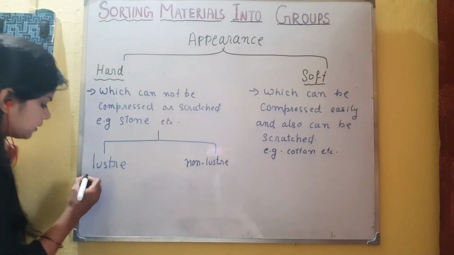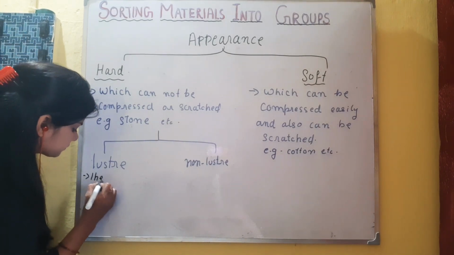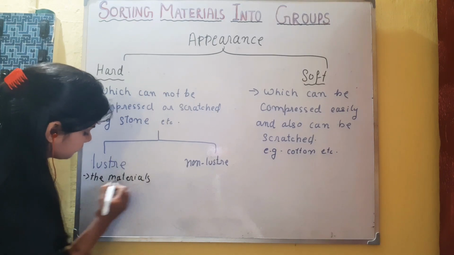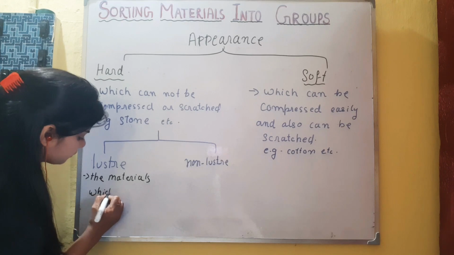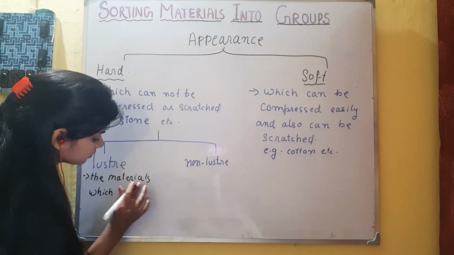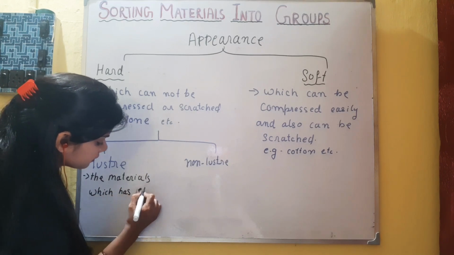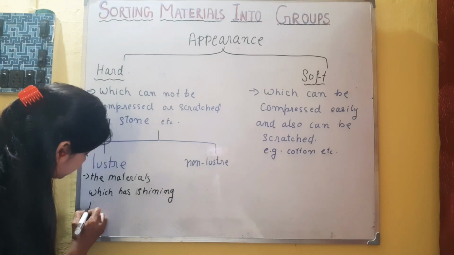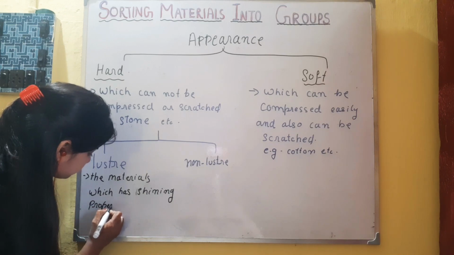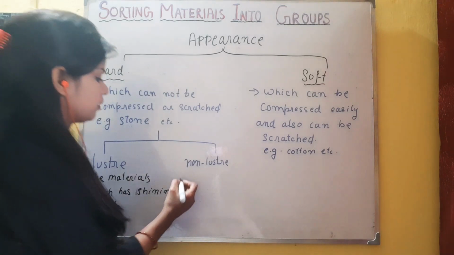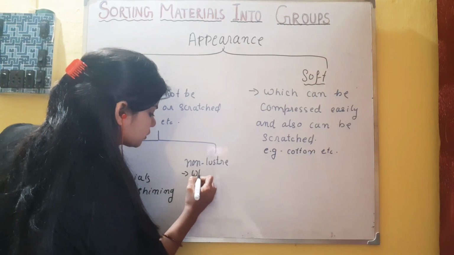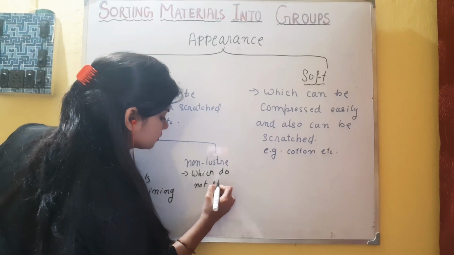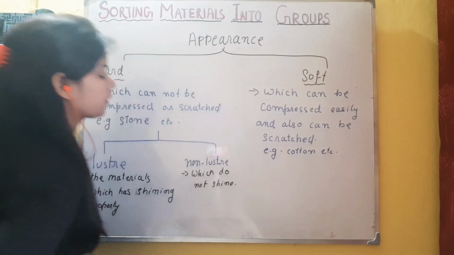So the materials which have shining properties are lustrous, and the materials which do not shine are non-lustrous.